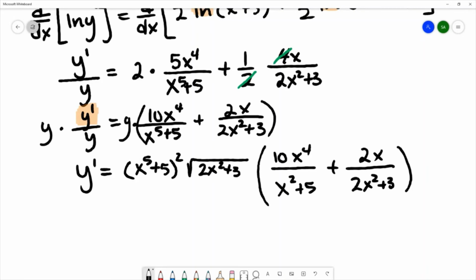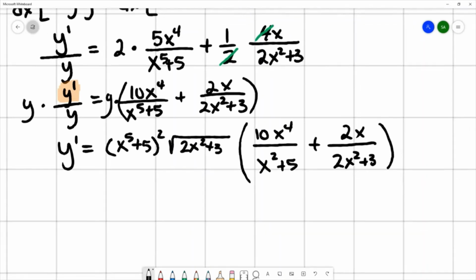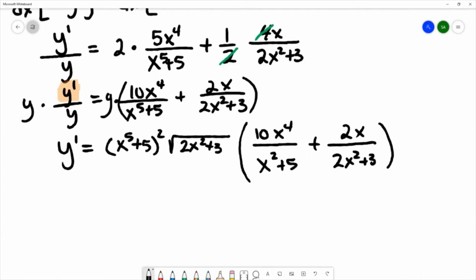I'm going to continue to simplify this derivative, and the reason why I want to continue to simplify is because I have a denominator here with a factor of x squared plus 5, and we have a factor of... I think I have copied that wrong. Let me correct that.